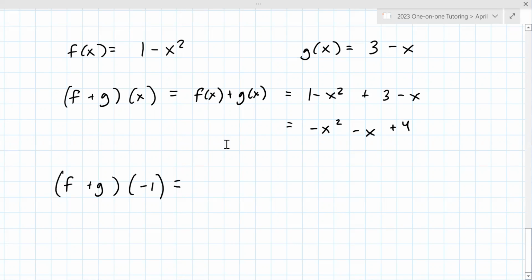Your options are to go right here to the f of x plus g of x form, or you could put it in the original and add the two results together. Your choice. Keep in mind, I already did this, so this is probably better to put it in this one. But if we hadn't done that, you would want to do it that way.